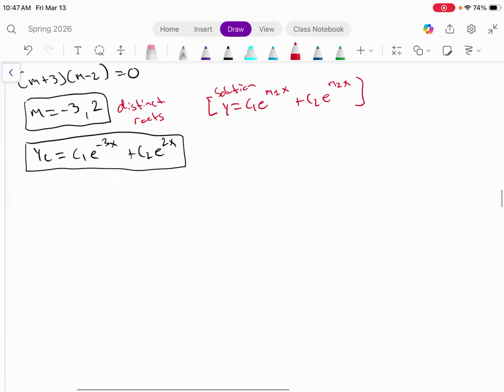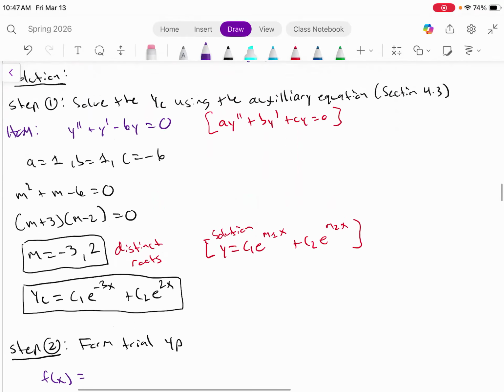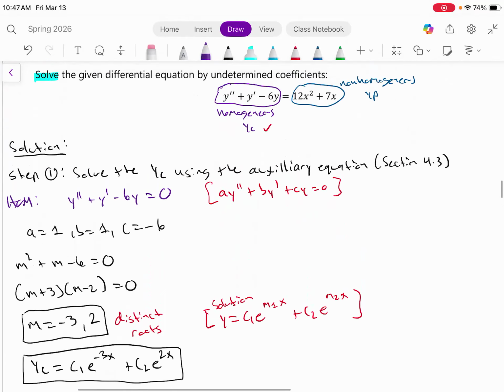Step two is going to be to form a trial particular solution. So what was the function? The function was f of x equals 12x squared plus 7x.